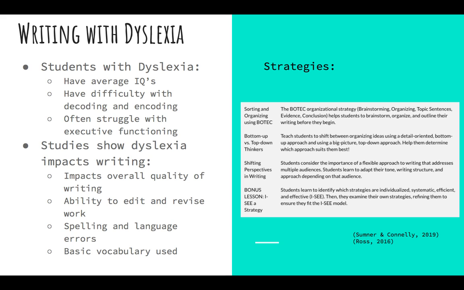And these are just strategies that Dr. Ross gave on an executive functioning website, which helps to see that maybe the students need to have a bottom up or a top down thinker, see which way they learn best, and provide different organizational tools to help them.